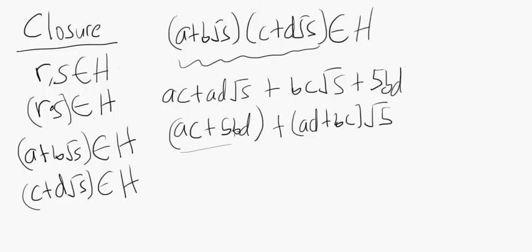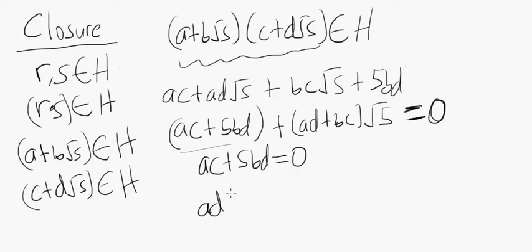So let's suppose, for the sake of contradiction, that this beast actually equals 0. Then what we are really saying is that AC plus 5BD equals 0, and AD plus BC equals 0 as well. This thing equals 0 and that thing equals 0, because if one of them is non-zero, it's not going to work out.